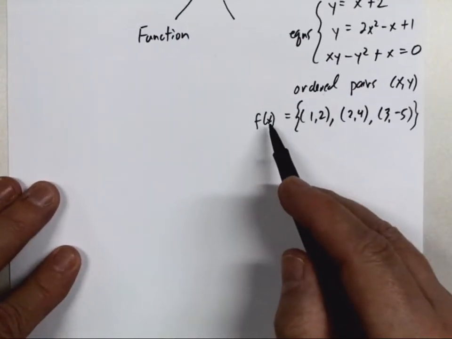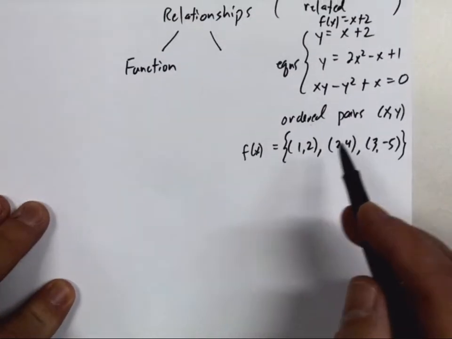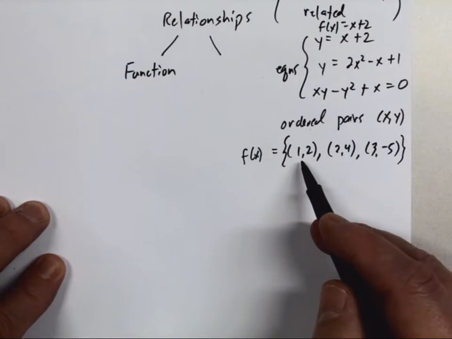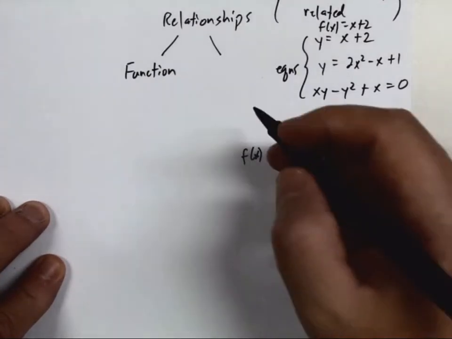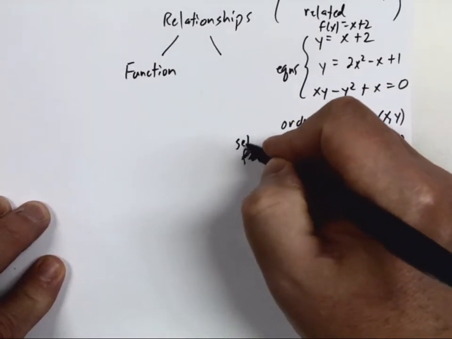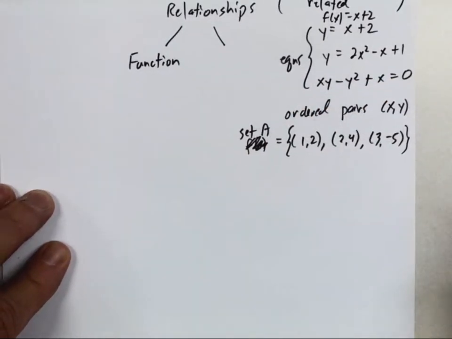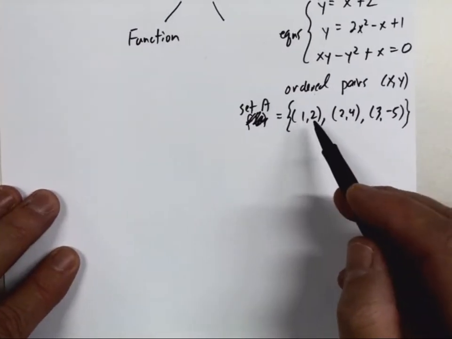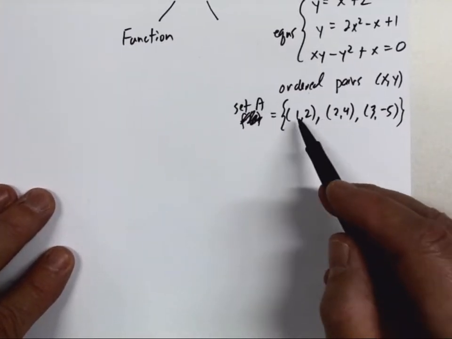Here, we say f of x is this whole relationship. I shouldn't do that probably. That may be confusing. Let's call it set A, maybe. So A is this relationship.